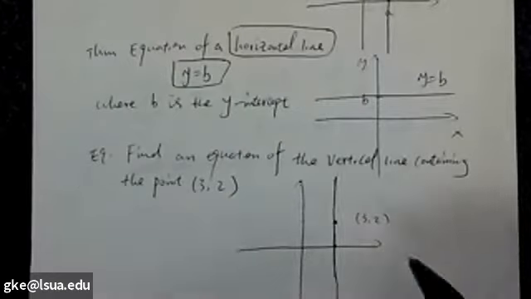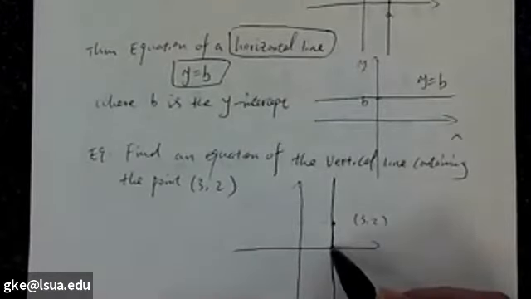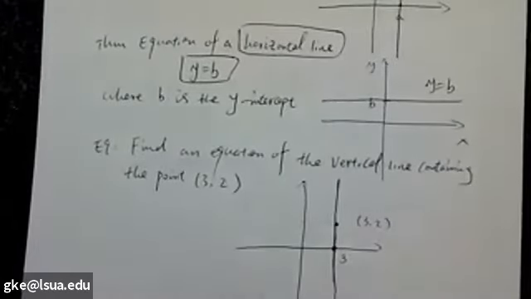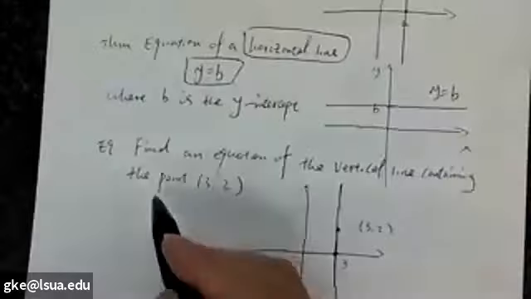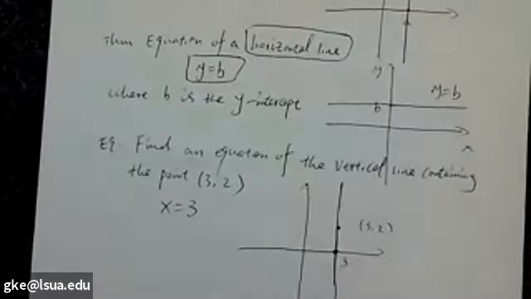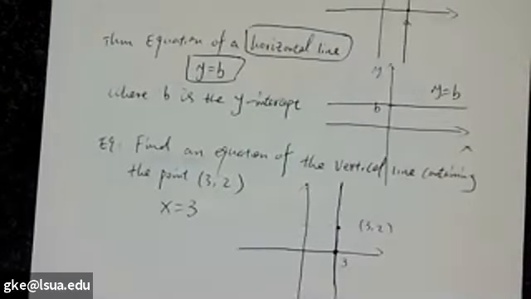And very clearly the x-intercept is 3, right? So based on the definition, the vertical line is x equals 3.